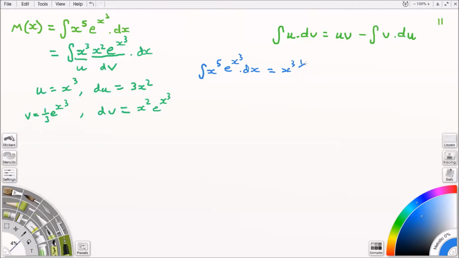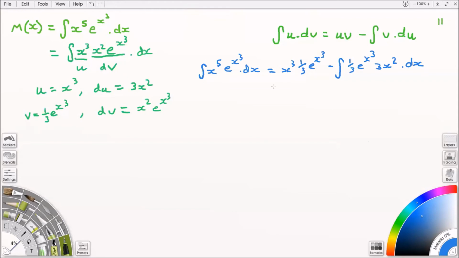I'm not even going to write that, we don't need to. Now we're multiplying it. Now we integrate v, and then times that by du, which is 3x squared, and then integrating that with respect to x.